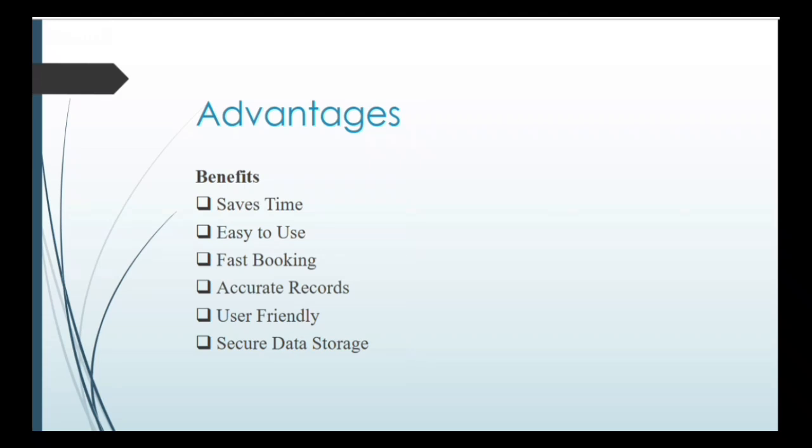Another advantage is fast processing or fast booking, as booking, searching, and cancellation all happen quickly in the system. It also provides accurate record management, which reduces human errors and keeps data properly organized. Overall, this system makes the reservation process more efficient, simple, and user-friendly compared to manual methods.